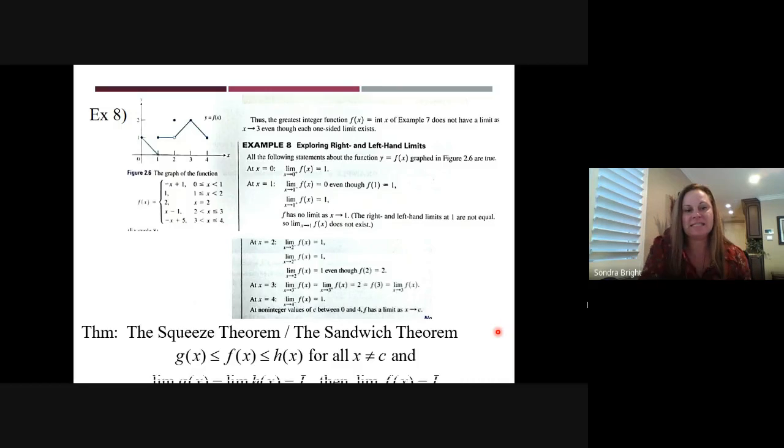And if we know that the limit of g of x is equal to the limit of h of x, and they're both L, well then the one in the middle must also be equal to L. It's kind of like you're smushing them in and it's sandwiched in between.